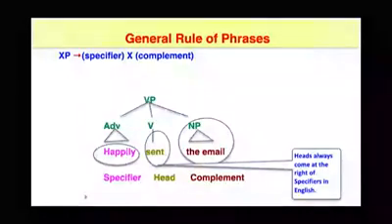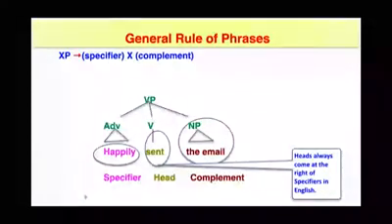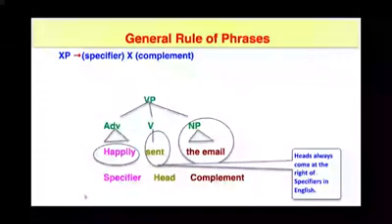It means that a specifier and a complement can be optional. In many cases, we can have an XP, for example a VP, with only a verb without any kind of adverb or complement, especially if the verb is intransitive.